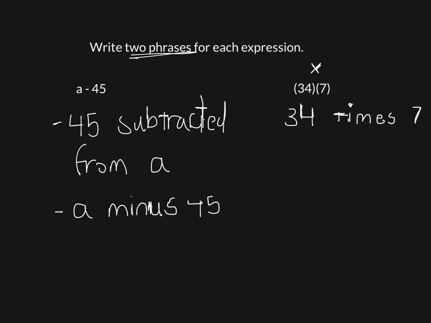Other options I could have done: 34 multiplied by 7, the product of 7 and 34. Those are all options I could have done. So as you can see, it is very important you get that table written into your notes so that you can use that to help you.